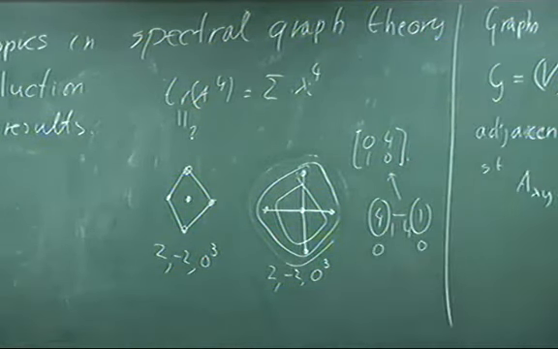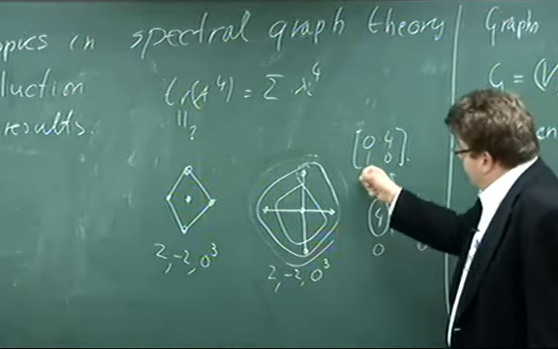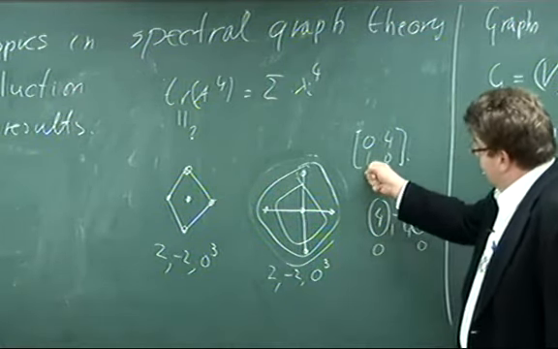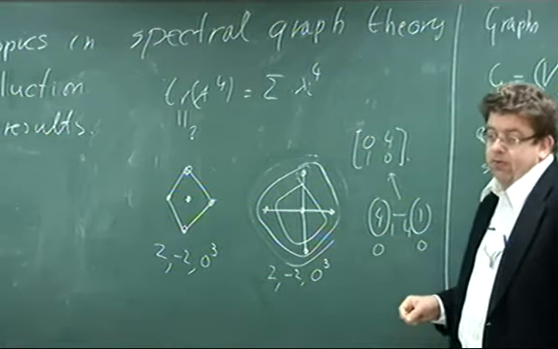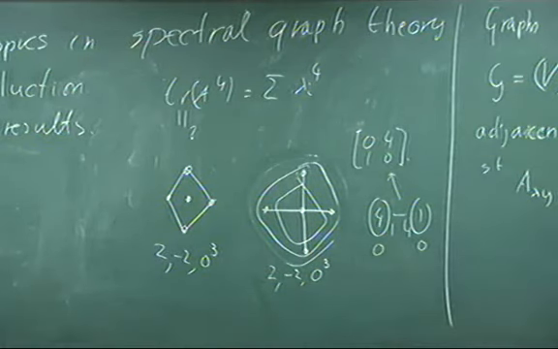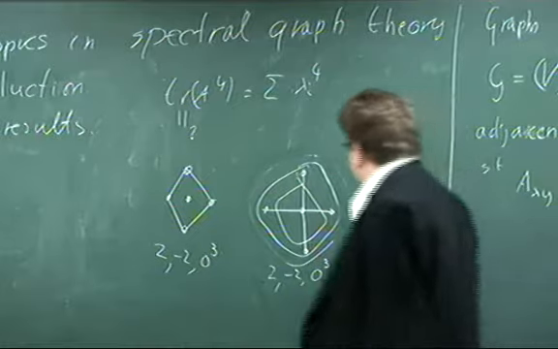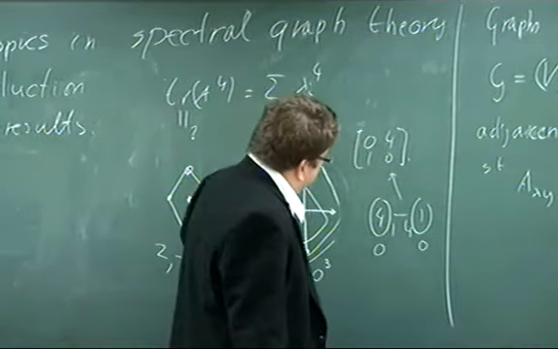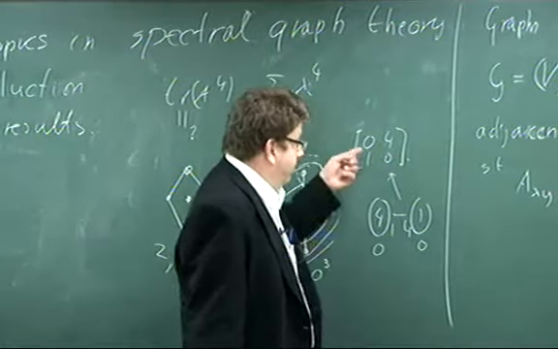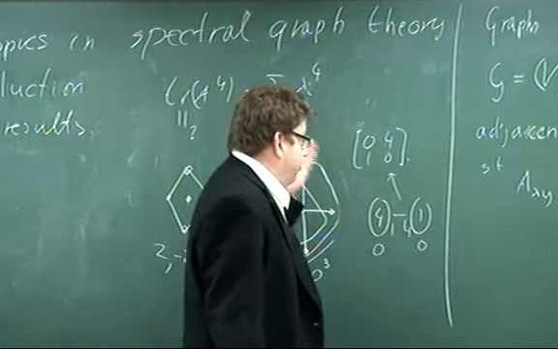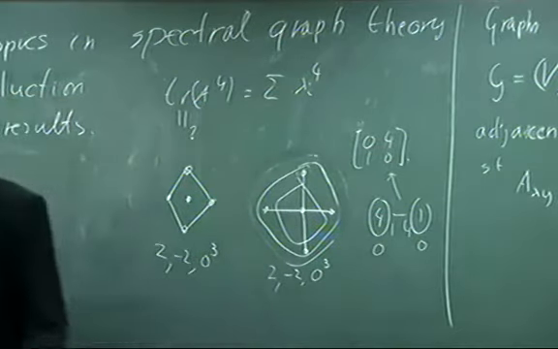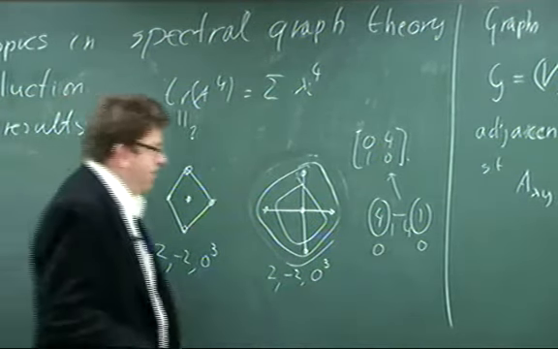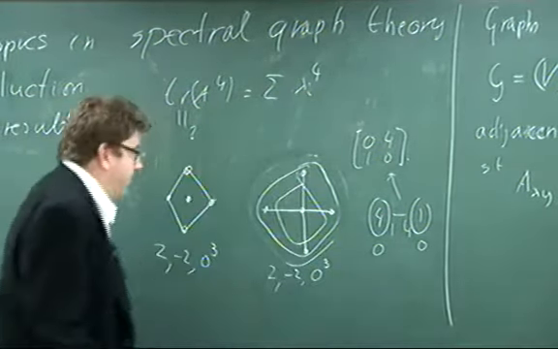I'm not going into details here, but once you know this, the eigenvalues are clearly 2 and minus 2. I don't have to calculate it, because the sum of the 2 eigenvalues is 0, and the determinant, the product, is minus 4, so they must be 2 and minus 2. That's one way to see this.